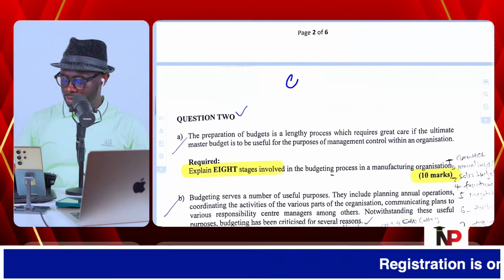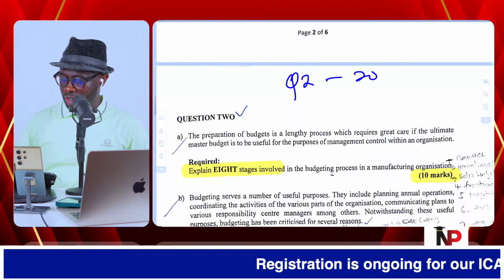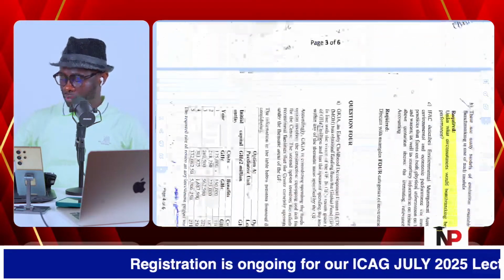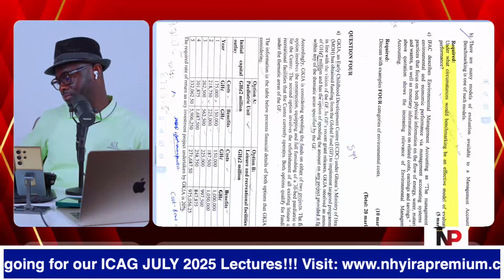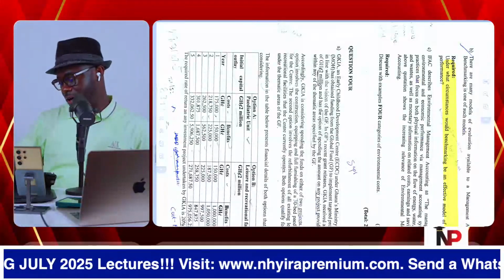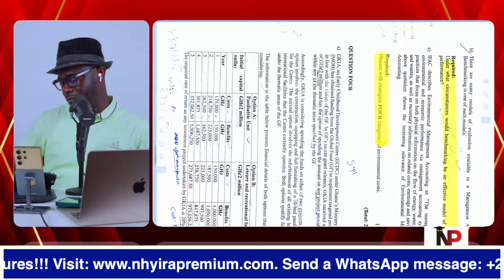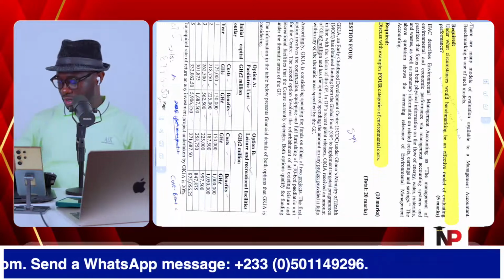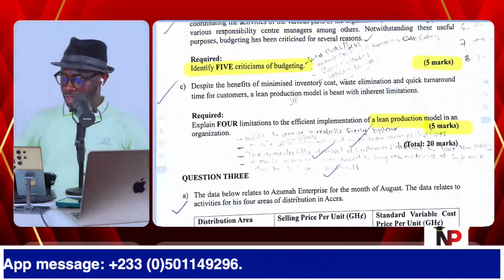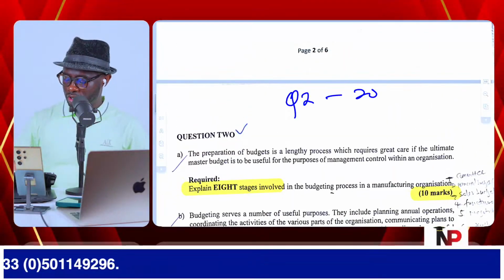Okay. So question 2 gave us 20. Then question 3 is giving us 5 plus, sorry, discuss with example 4 categories of environmental cost. That's 10 marks. So question 3 is giving us 15 marks on theory.